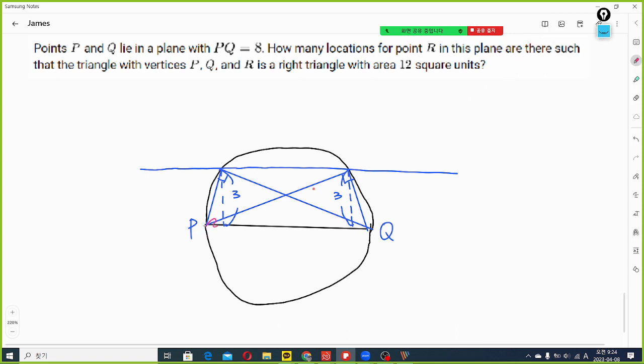Or we can make the vertical line. This triangle also has an area of 12 because the height is 3, and now this angle is a right angle.